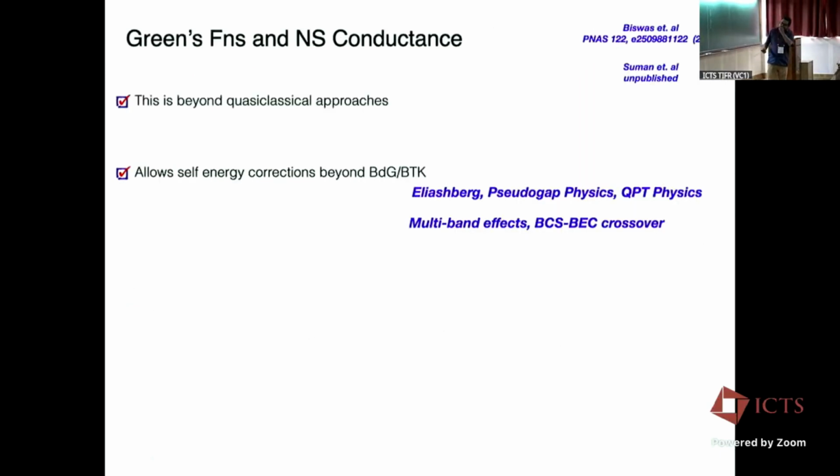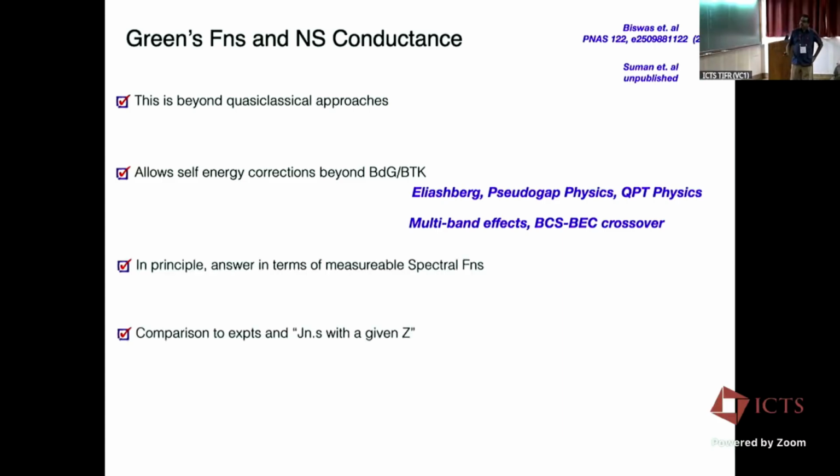So what has this brought us? This has brought us a few things. You can do self-energy corrections. In principle, you can think of Eliashberg, pseudogap physics. Maybe you have an underlying quantum phase transition, multiband effects, BCS-BEC crossover. You are writing your answer in terms of measurable spectral functions because you are looking at the retarded Green's functions.